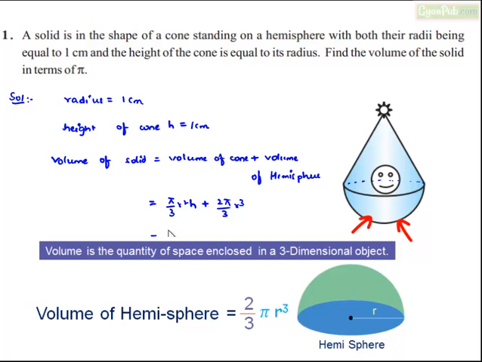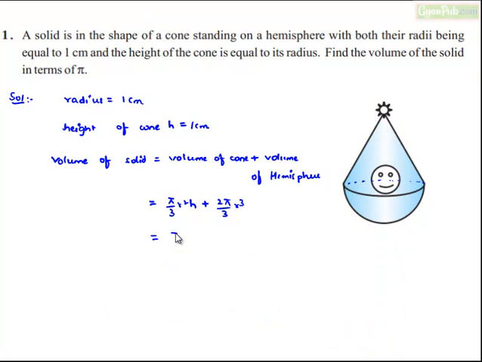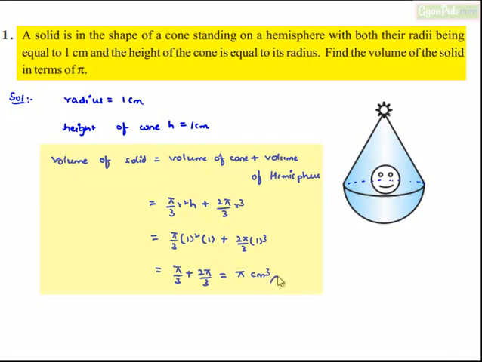Let us substitute the values: pi by 3 into the radius 1 square into h 1, plus 2 pi by 3 into r cube, that is 1 cube, which is equal to pi by 3 plus 2 pi by 3, which is equal to pi centimeter cube. That is the solution.